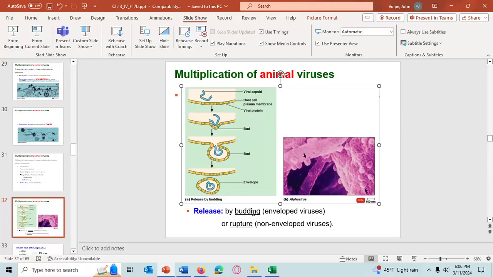I'll talk about the latent life cycle later, but I do want to briefly mention there is a life cycle very similar to the budding life cycle.